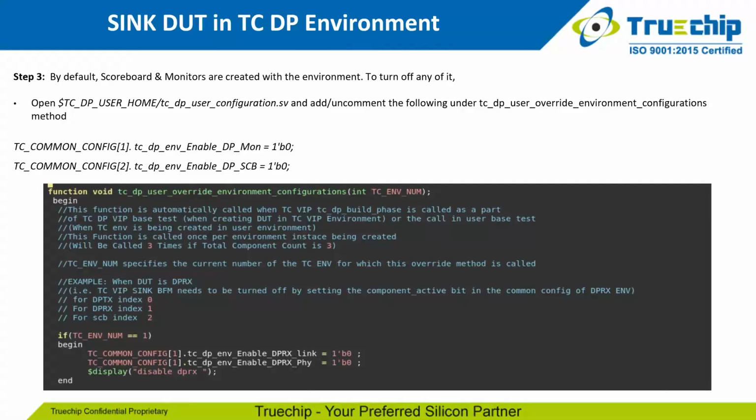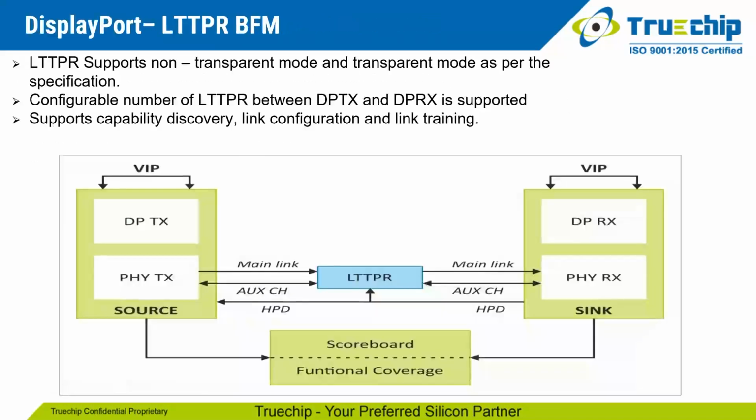To turn off any of it, open TCDP user home, TCDP user configurations.xv and add or uncomment the following under TCDP user override environment configurations method. TC common config of 1 dot TCDP env enable dpmon is equal to 0. TC common config 2 of TCDP env dp scoreboard is equal to 0.